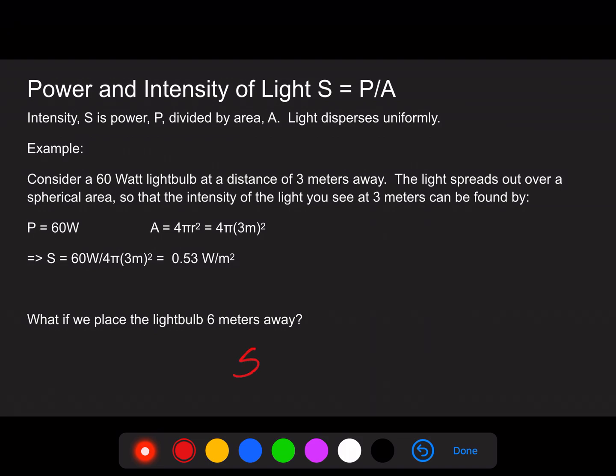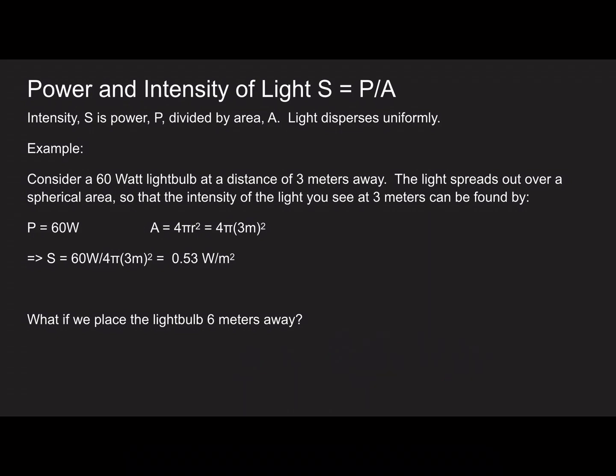So that my intensity would now be equal to 0.53 divided by 4 for my intensity at 6 meters away. Okay, so that's an example of how you might actually calculate the intensity at your location.